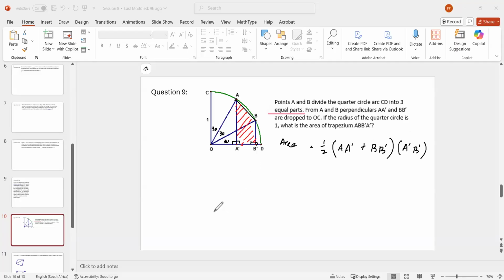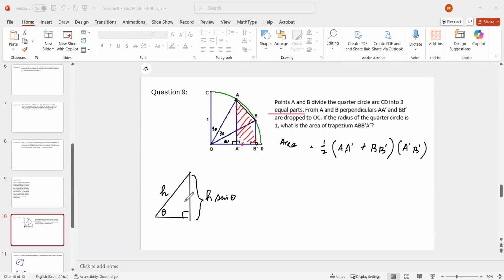Now, let me just tell you something interesting here. And just try to remember what I'm telling you. It's quite a useful thing about right angle triangles. Suppose I know the hypotenuse, h, and if I know one angle, right? This one here is always h times sine of theta. Right?